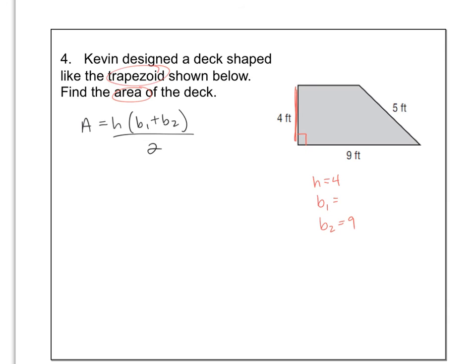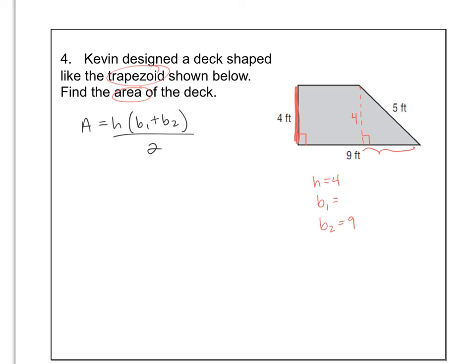Okay, so we know one of the bases, but it looks like we have to find the other one. So what I'm going to do is I'm going to drop down a dotted line right over here. It's going to be 4 units tall, just like on the left side is 4 units tall. But I think I can find this distance down on the bottom.